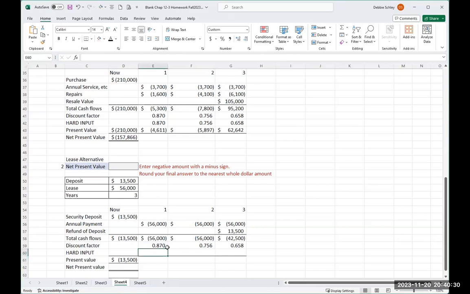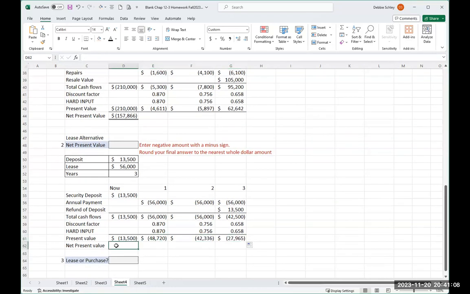So again, if I went to the appendix, I could find those numbers, but this is so much easier than trying to look that up. But I do need to type them in. Hard input of 0.870, 0.756, 0.658. Okay, so each year, I will take the total cash flow times the hard input discount factor, drag that across, and that gives me those numbers.